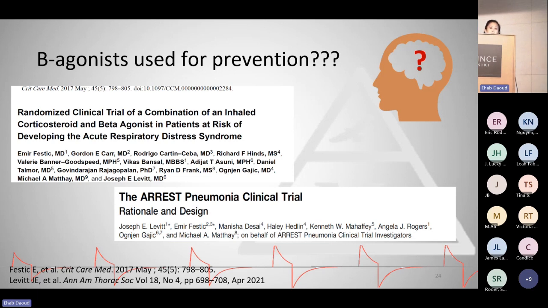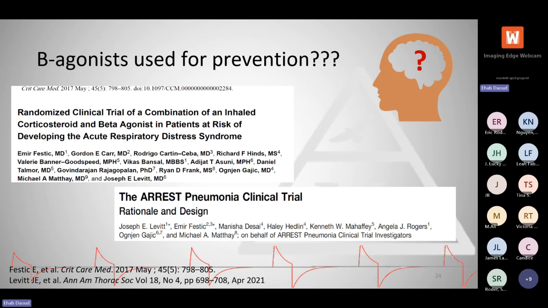This first trial up here, done by Festic and colleagues, is a phase 2 study looking at formoterol and budesonide for the prevention of ARDS. These are nebulized forms, not your Symbicort inhaler. It's the nebulized forms of formoterol and budesonide, used in combination to decrease occurrence or prevent ARDS.